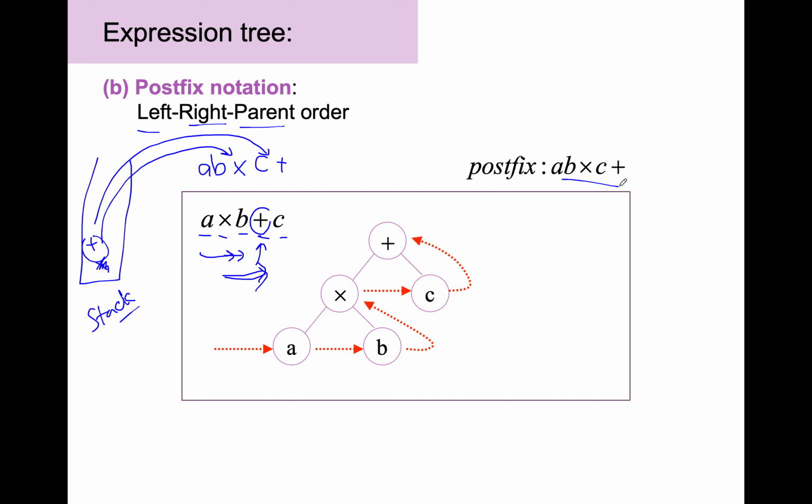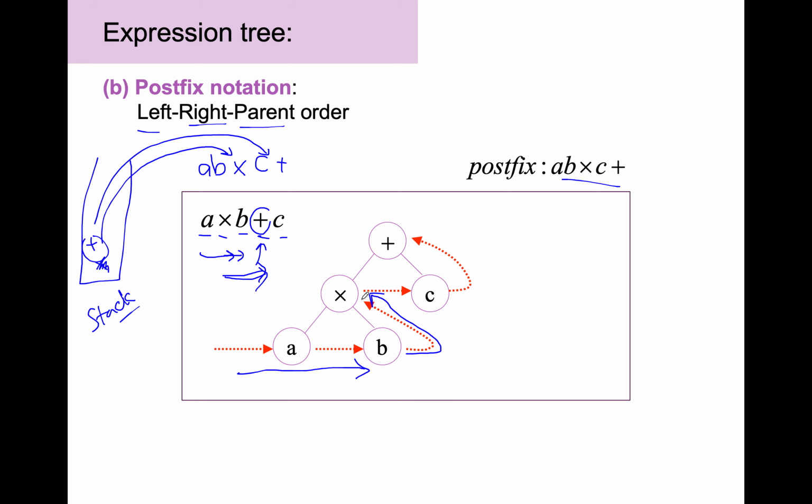Now you will see this is your postfix. How you're going to see it is from your left to your right, until you reach the right, then you go to your parents.